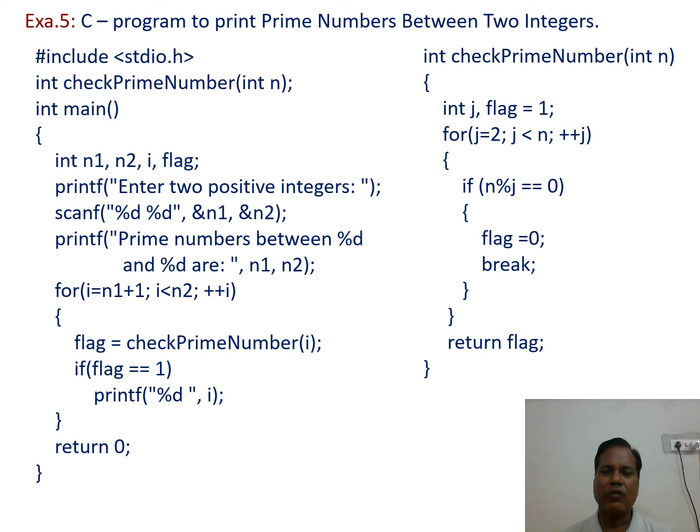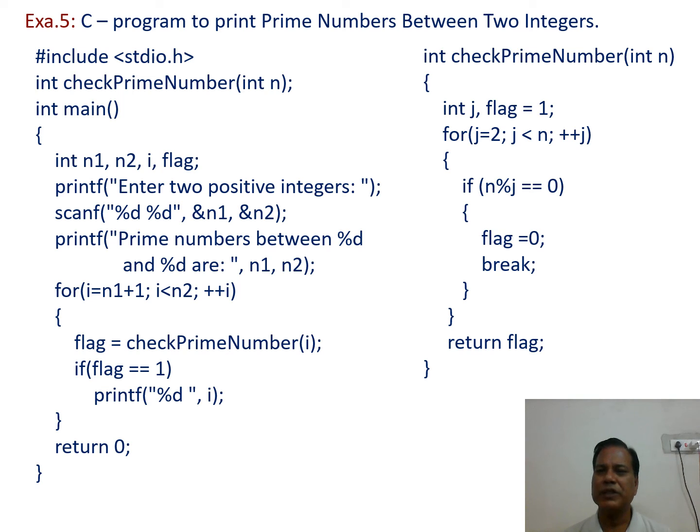Then flag equals check prime number i. What is the value of i? That is a number greater than the smallest number, taken in while calling the function. Initially it is n1 plus 1. So this function is called here, and control now goes to the called function.